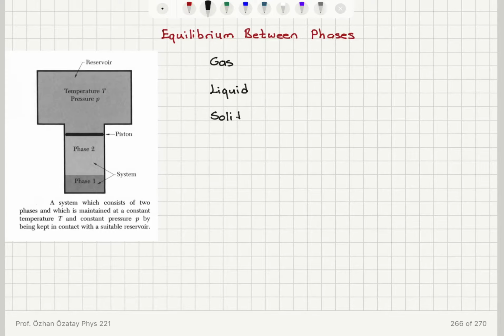For example, if the solid phase is transforming into the liquid phase, we have the so-called process of melting. If the liquid is transforming into gas phase, we have the process called vaporization.